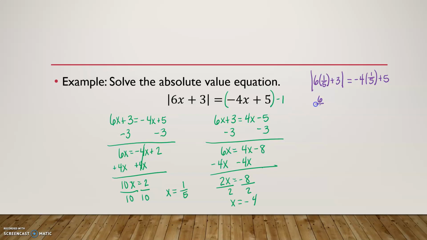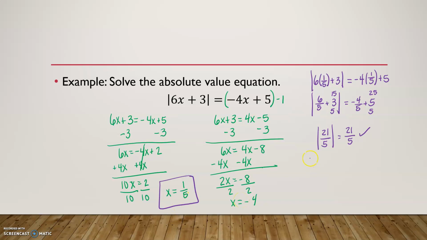So I get 6/5 plus 3 equals negative 4/5 plus 5. Please just get in the habit of using fractions. Think of this as 15 over 5 because we have to have a common denominator. And this is 25 over 5. Here we would get 6 plus 15 is 21 over 5. Here we would get negative 4 plus 25 is 21 over 5. And that is a true statement. So x equals 1/5 is a true statement.